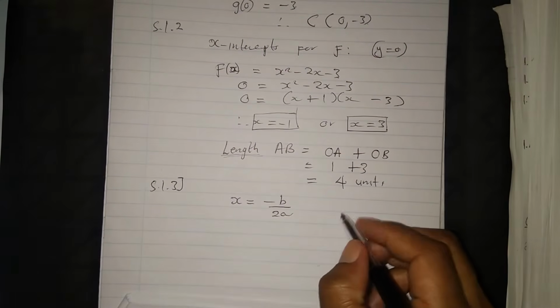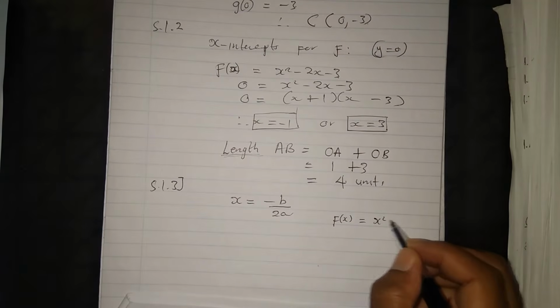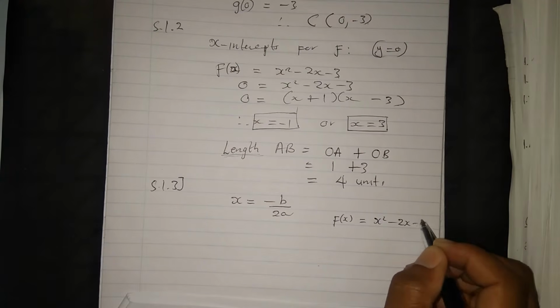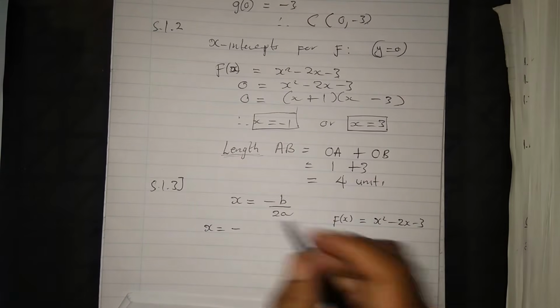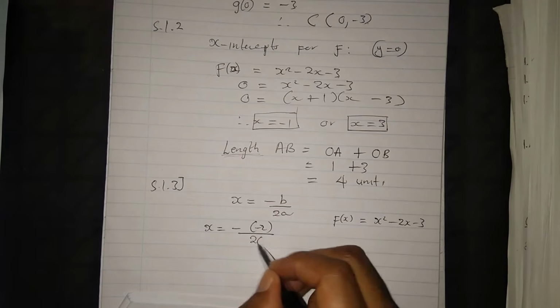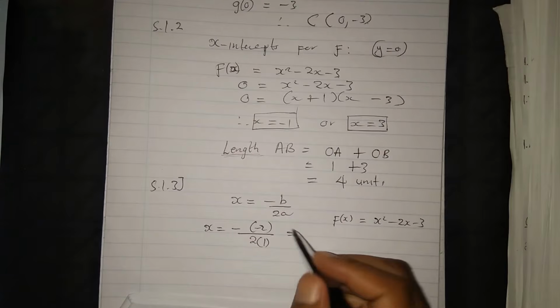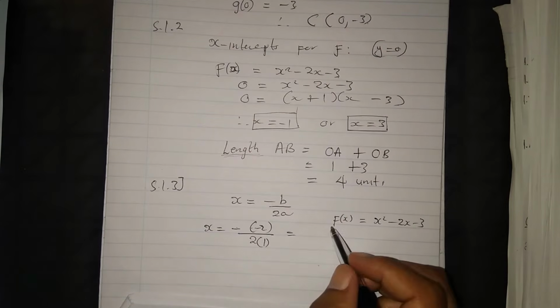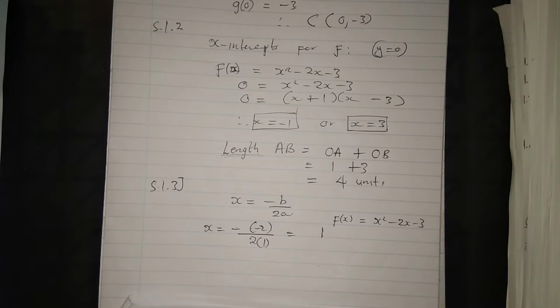So for f of x, x squared minus 2x minus 3, x is equal to minus, where's b? It's negative 2, divided by 2a. What's a? It's 1. So it's positive 2 divided by 2, which is 1.